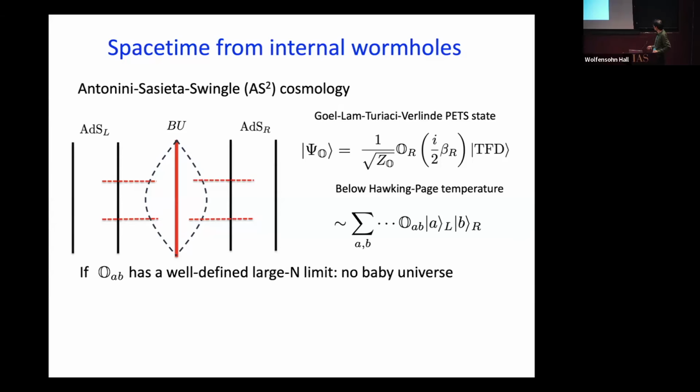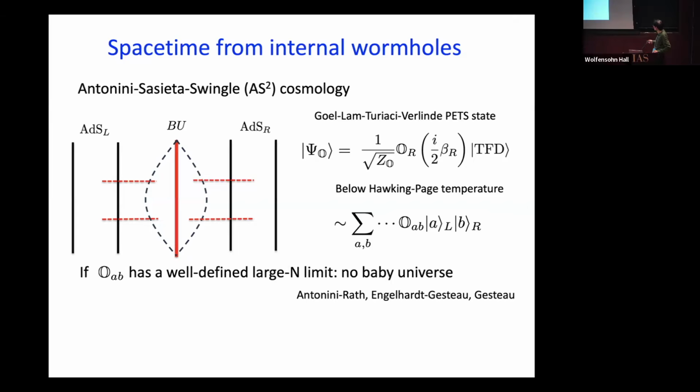So now, if this O_AB, this matrix element, has a well-defined Lorentzian limit, then this is a well-defined state in the two copies of the Hilbert space of AdS_R and AdS_L. Then there's no room for this baby universe. Okay, as pointed out first by Antonini, Sasieta, Swingle and developed further by Engelhardt and Gesteau.